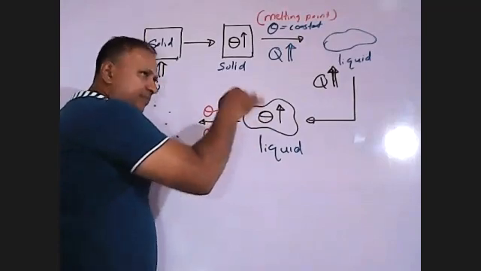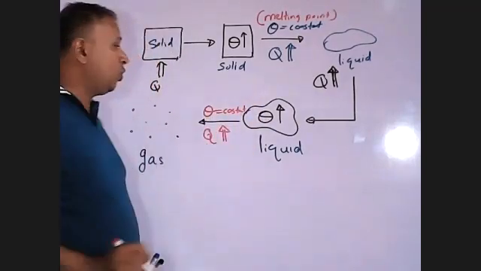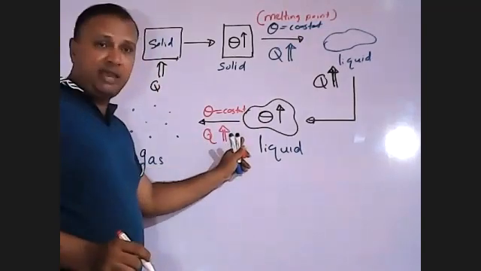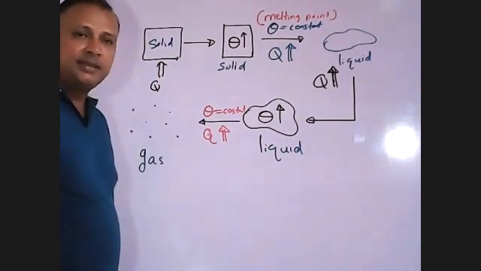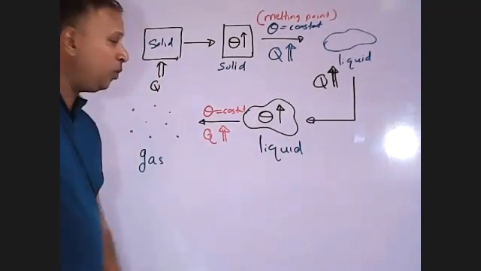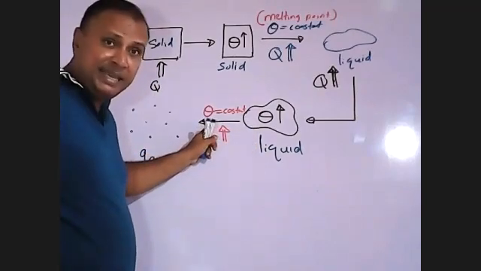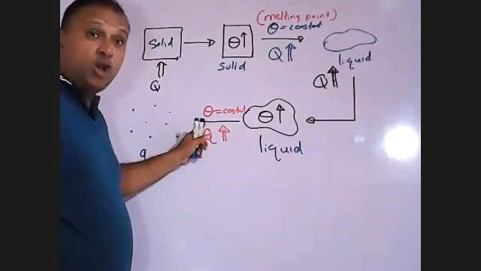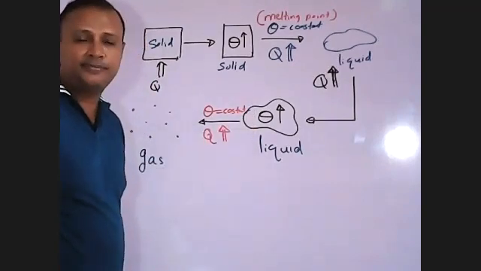In liquid, there are some small amount of intermolecular bonds. So at this level, those bonds start to break. So the supplied heat is totally utilized to break those intermolecular bonds.